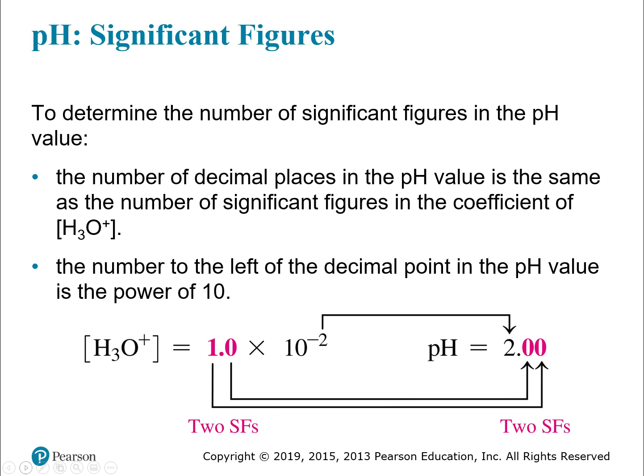If we have a hydronium concentration of 1.0 times 10 to the minus 2, which is quite acidic, we've got 2 significant figures in the 1.0. To represent that, we're going to put 2 decimal places in the pH.